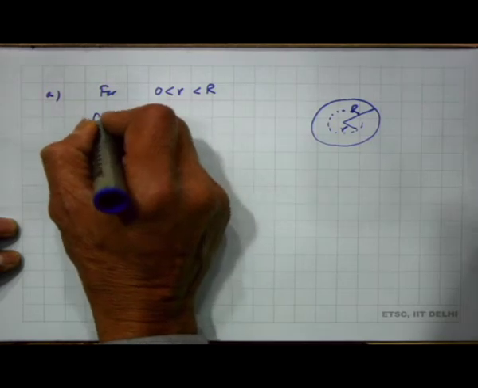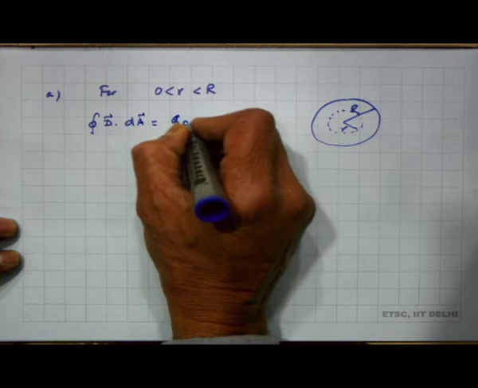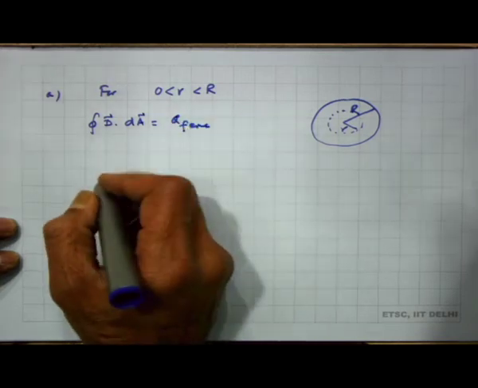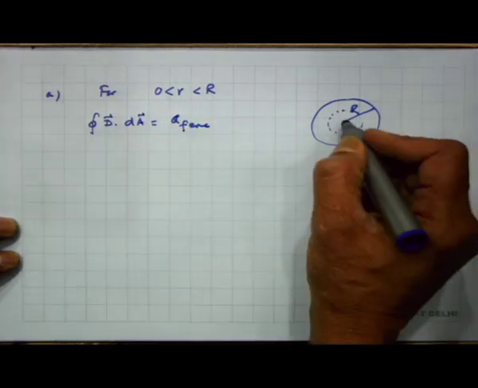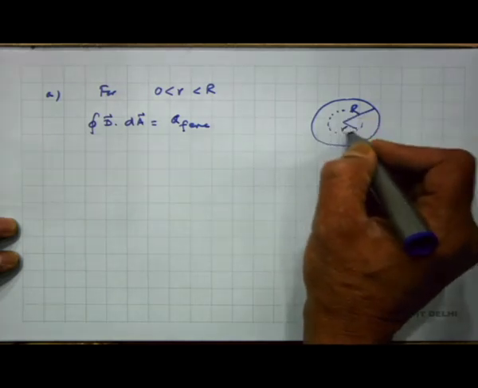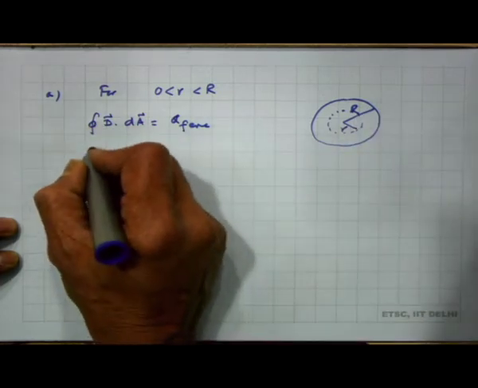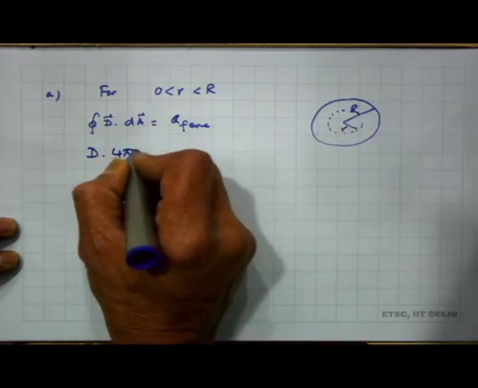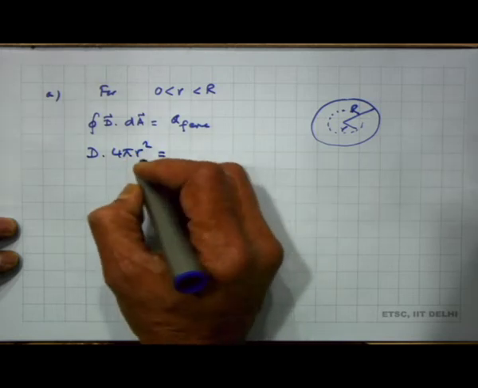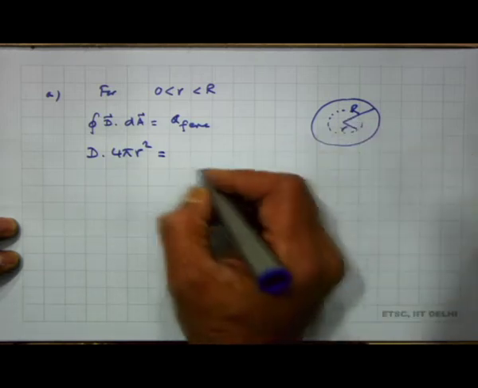So, integral D dot dA is equal to Q free enclosed. Now, because the displacement vector is radial and does not depend on the position on the sphere, the left hand side will be simply D into 4 pi r squared, and the free charge enclosed I have to calculate because the free charge density is not constant.